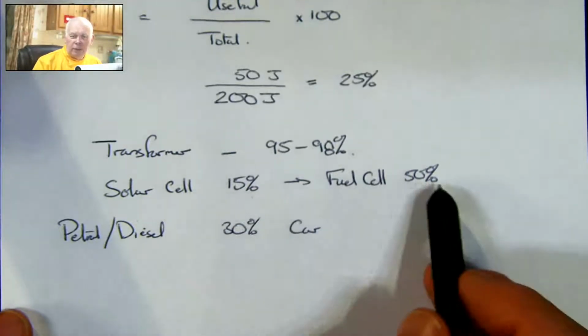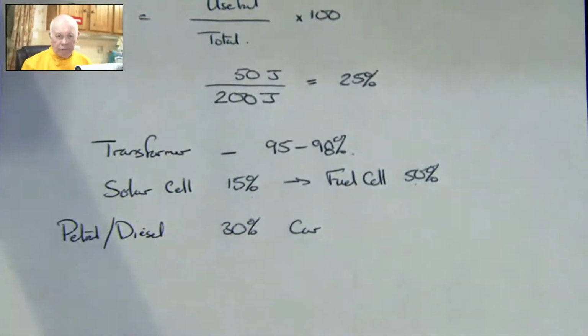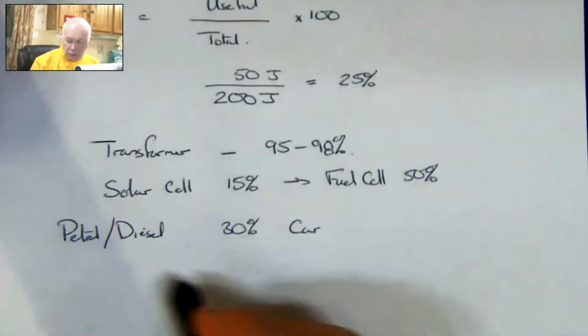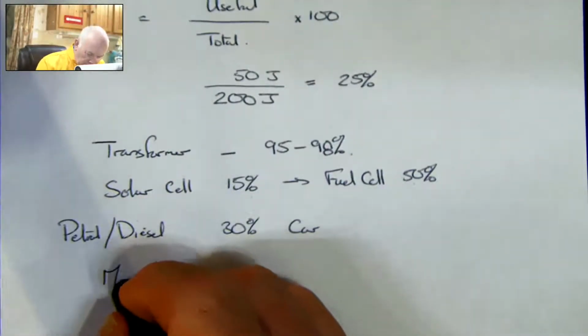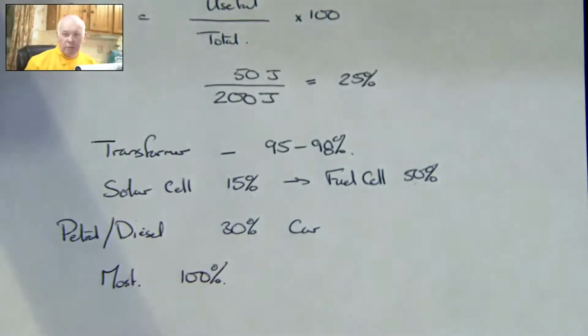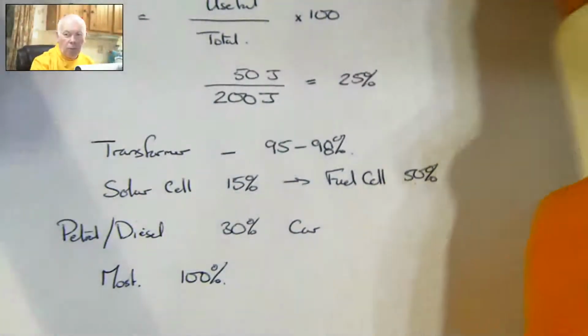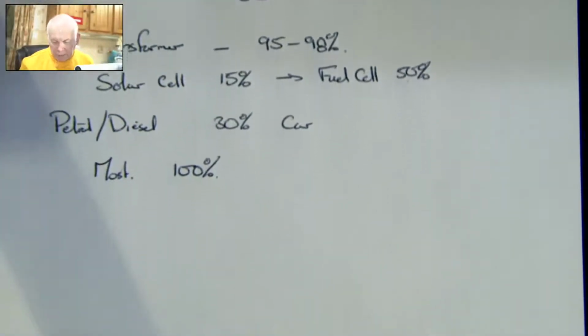So efficiency, big problem with physics when we're trying to look at how to do things. The most efficient you can get something is, in theory, 100%. If you get more than 100%, well, you know you've made a mistake.